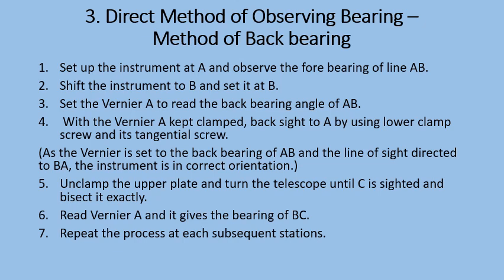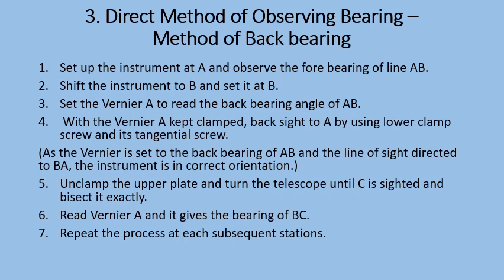So once we set the instrument at the second station point B, you can unclamp the vernier screw and set the angle as 180 plus theta or 180 minus theta, as the case may be, which is the back bearing of the line AB. So we are deliberately setting the back bearing reading. Once we have set it, we can clamp the upper screw or vernier screw.